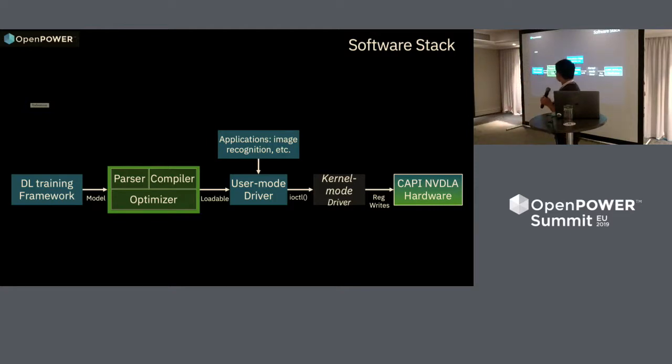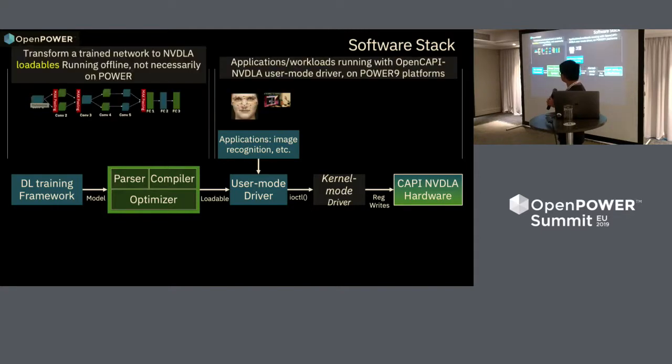So this is the whole software stack of NVDLA. On the right side, this is the model training part. They have a compiler to transform the trained model to a loadable. This loadable is in FlatBuffers format, a very standard format invented by Google and used very widely in gaming and a lot of areas.